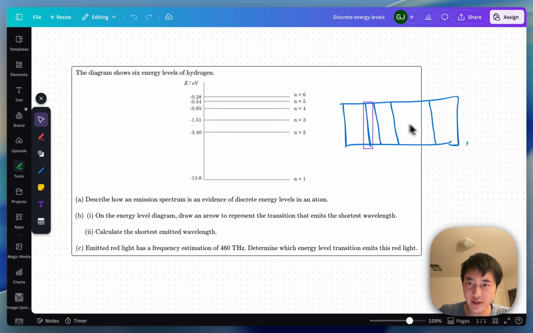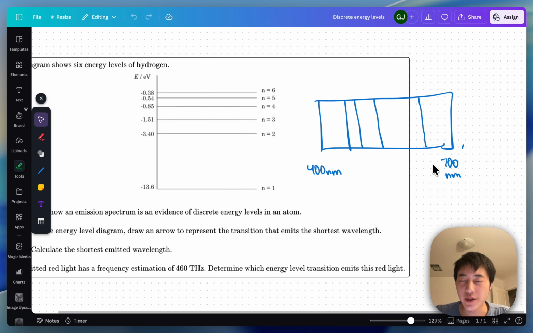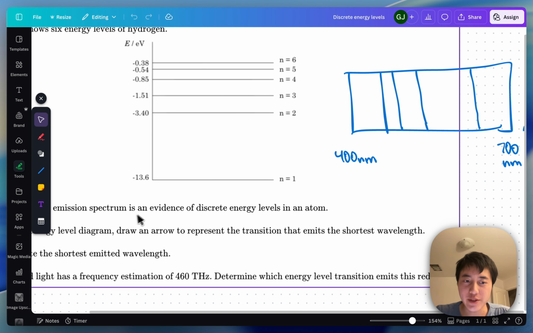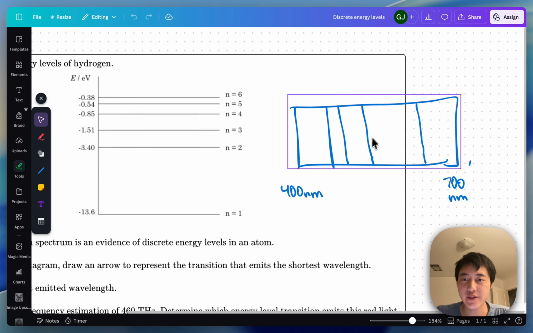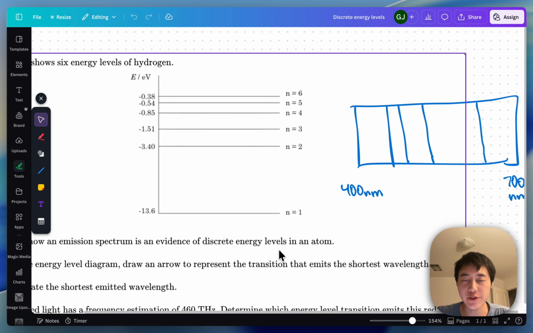The ends is really these four lines. And let's say 400 nanometers and 700 nanometers. On an emission spectrum, usually there's a few very specific lines, and they show discrete energy levels.